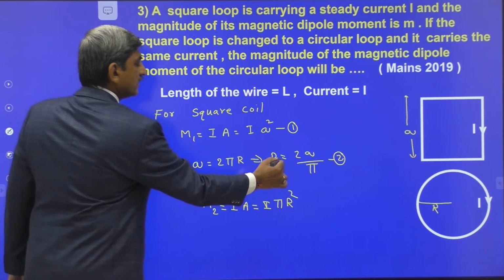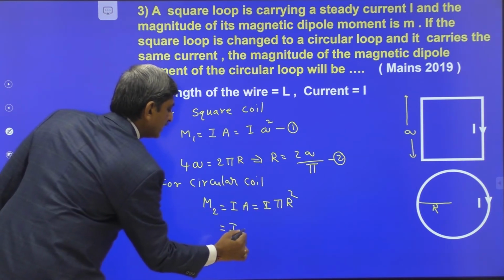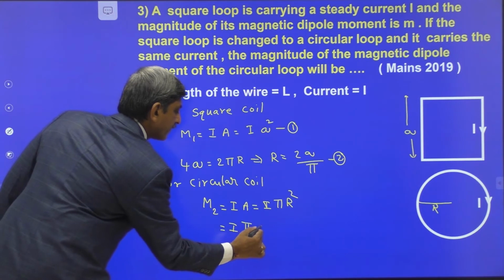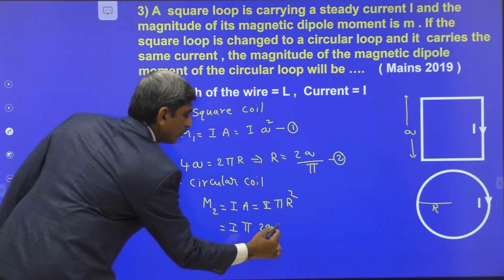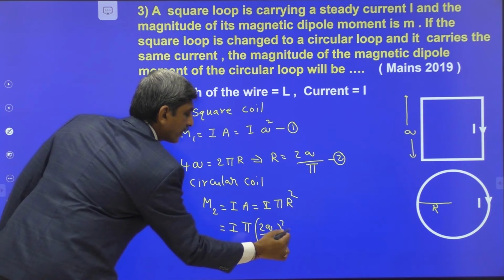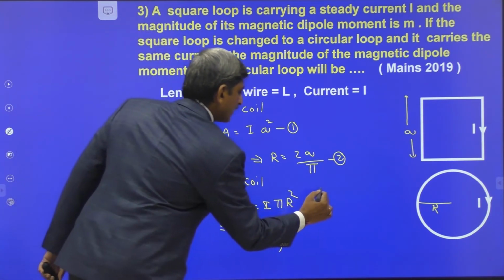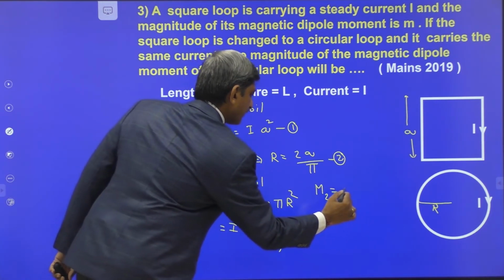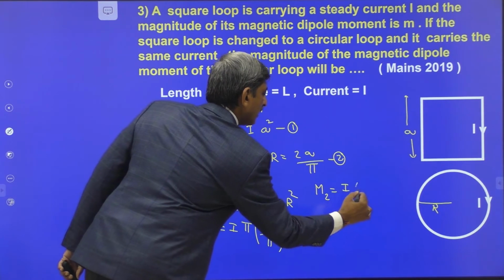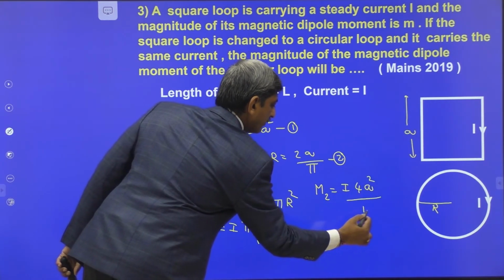Now, substitute this r value in this equation, it becomes I pi times (2A by pi) whole square. After squaring, pi gets cancelled and we have M2 is equal to I times 4A square divided by pi.